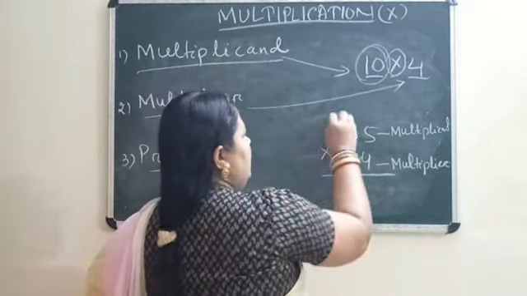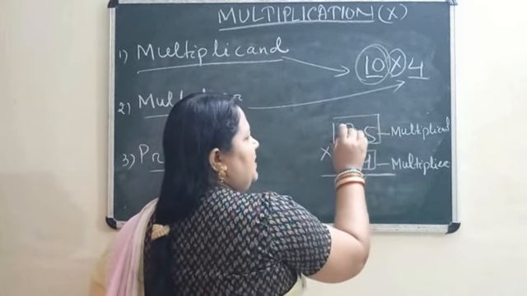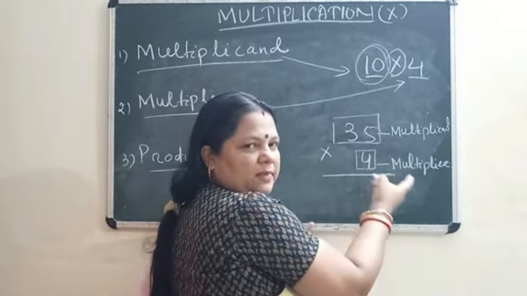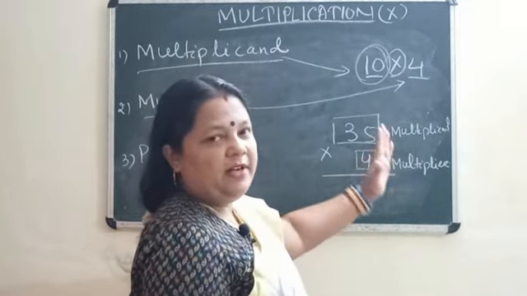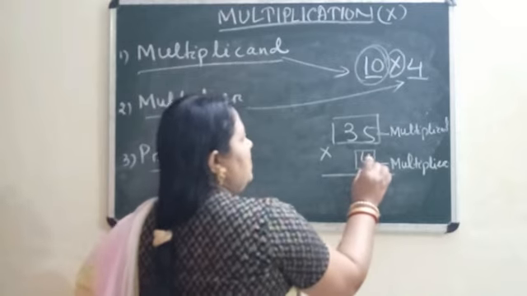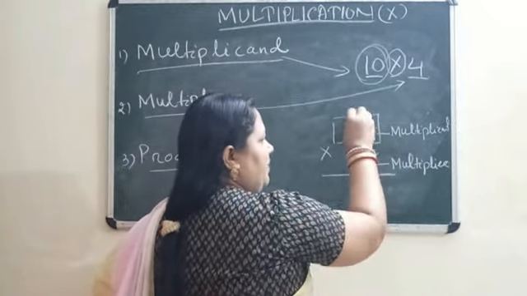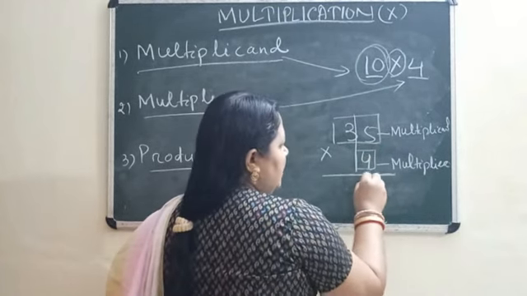So this is a 2-digit number and this is a single digit. This is the ones place, the tens place, and we have taken 1 digit, so obviously it's the ones place. Here also we are going to start from the right side, the ones place. First you will multiply the multiplier with the multiplicand in the ones place. 4 5s are how much? 20.